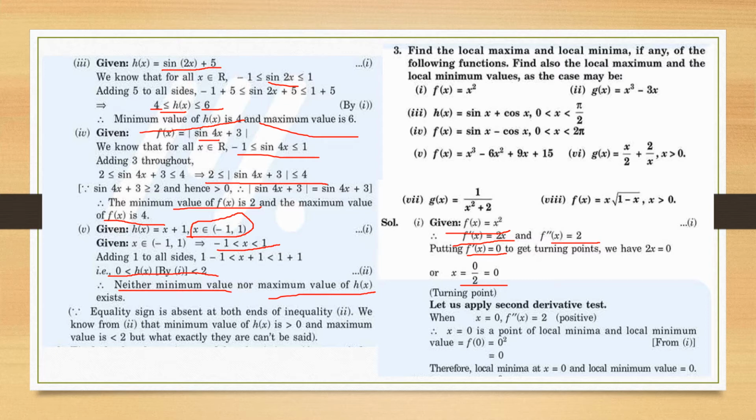Check the value of the second derivative at x equal to 0. You find it is positive. It is always positive as x is missing here. So if the double derivative is positive, we know it is a local minimum. And the local minimum value can be obtained by putting x equal to 0 in f(x), which turns out to be 0 itself.